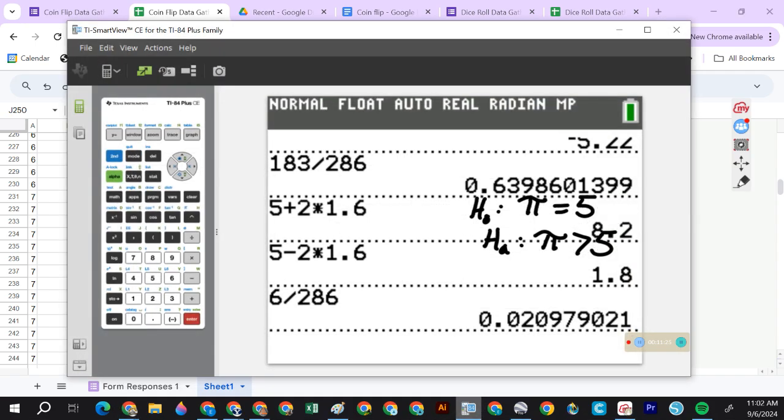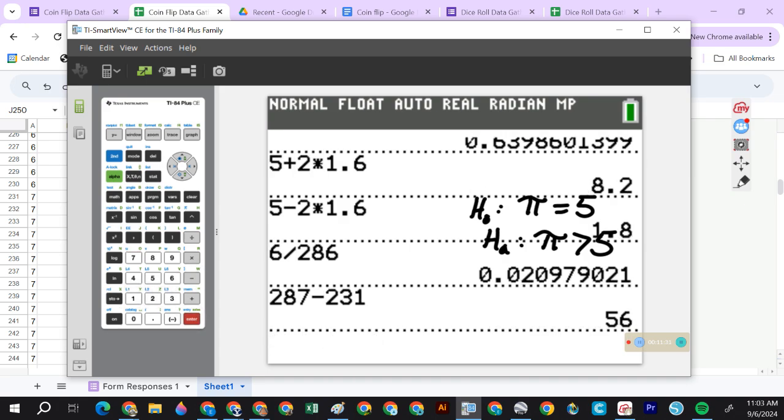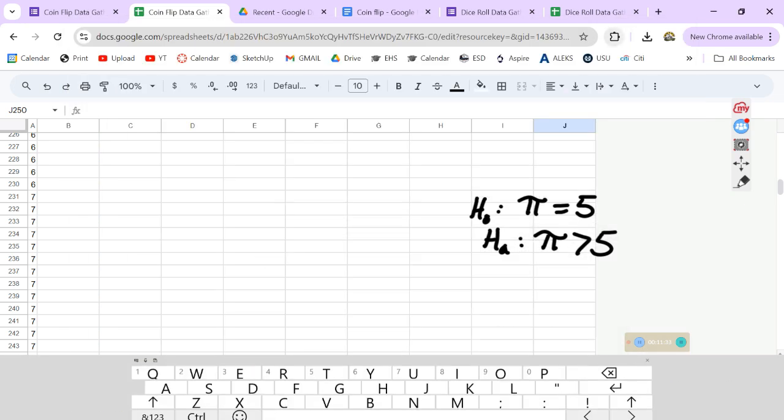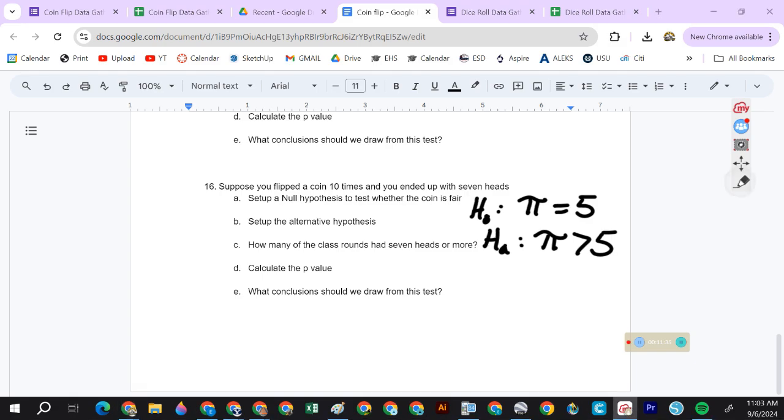So how many is that? 287 minus 231, 56. So we had 56 rounds that had a 7, an 8, a 9, or a 10.